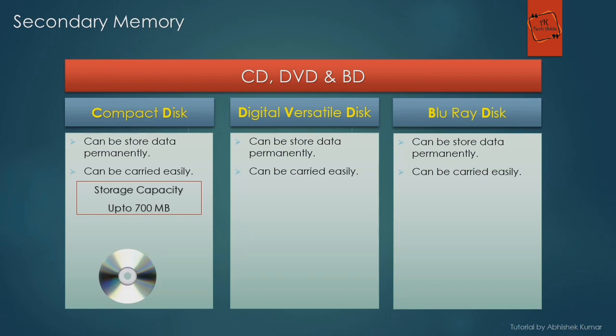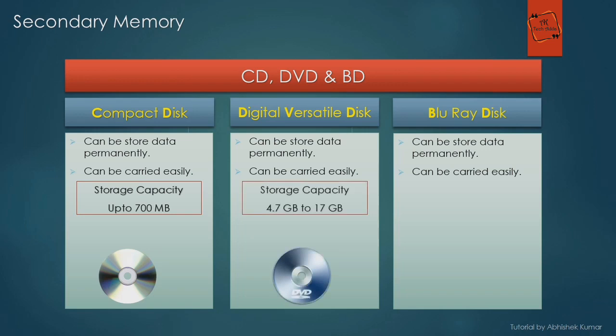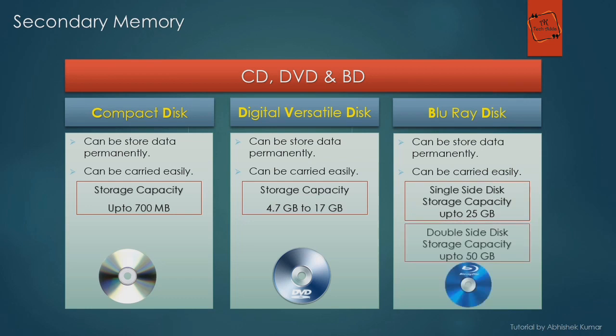A CD can store data up to 700 MB, whereas DVD can store data of 4.7 GB to 17 GB. Blu-ray disc comes in two types, one single side, which has a storage capacity of 25 GB, whereas a two-sided disc will store data up to 50 GB.